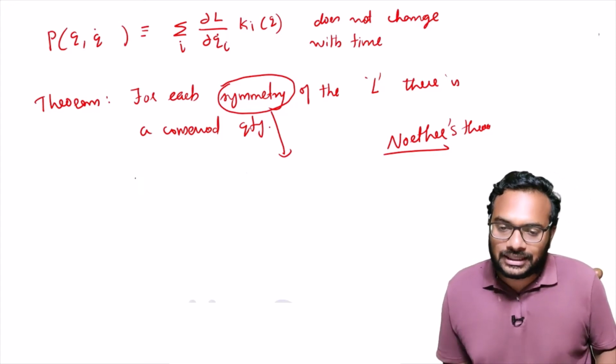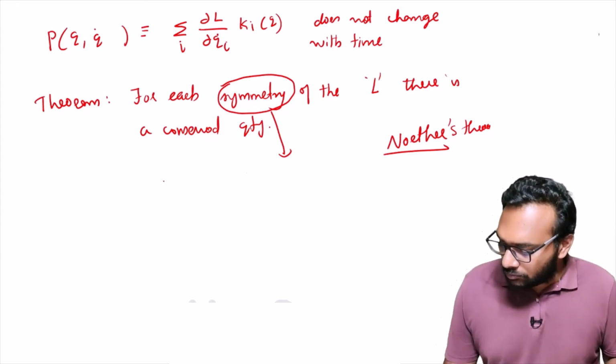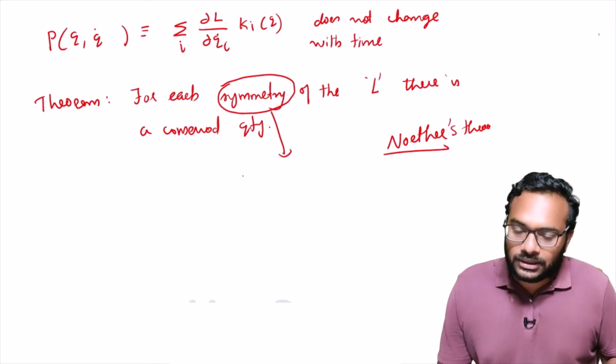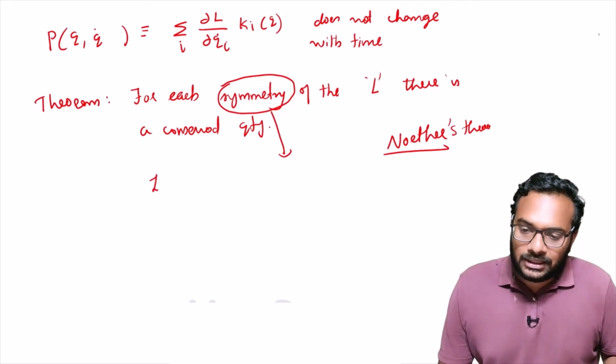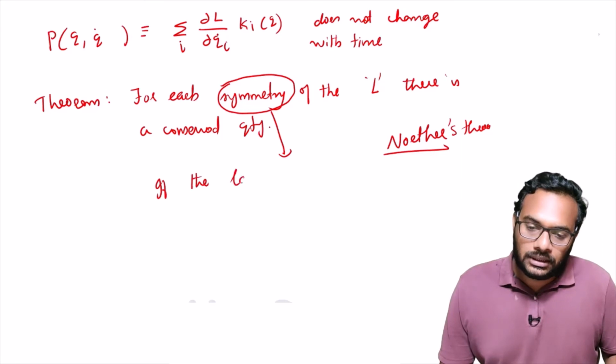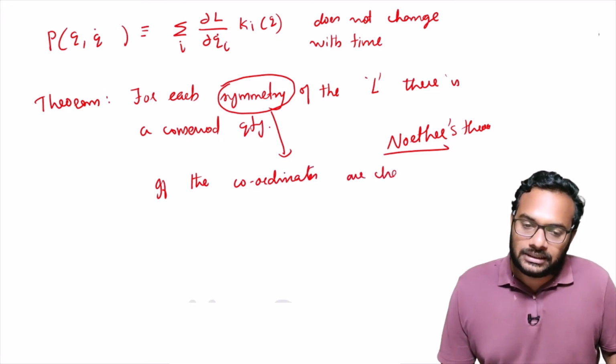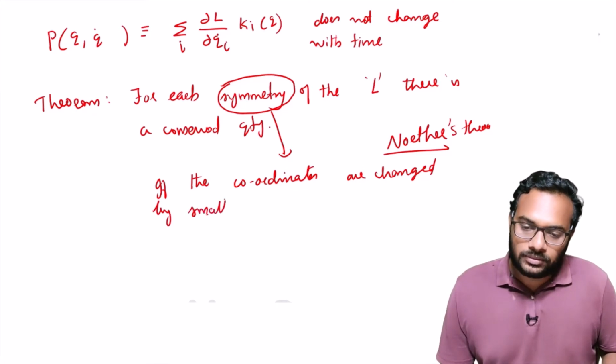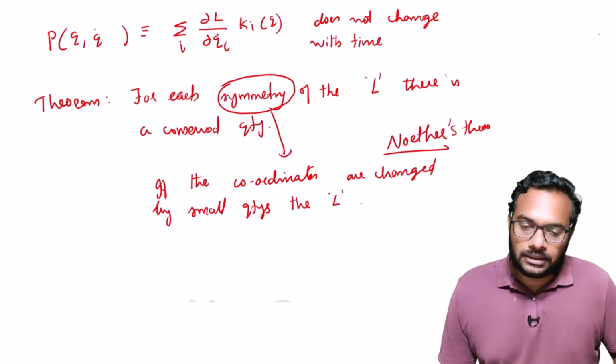So in this case, symmetry means that if the coordinates are changed by small quantities, the Lagrangian has no first order change.